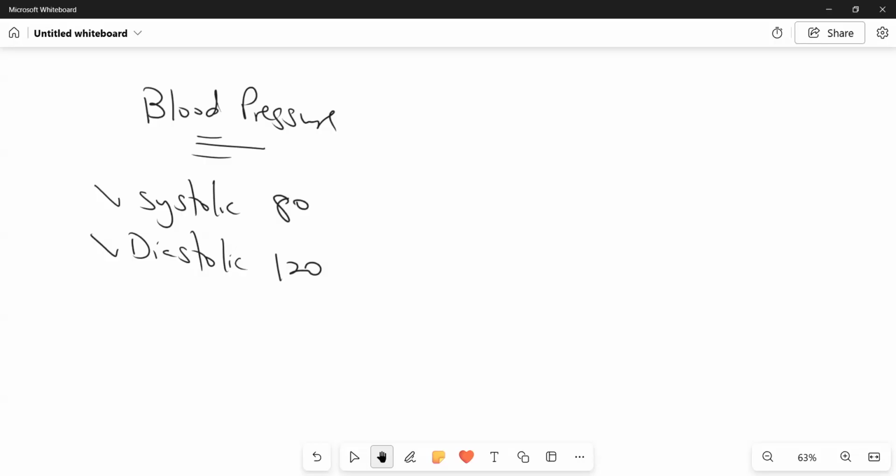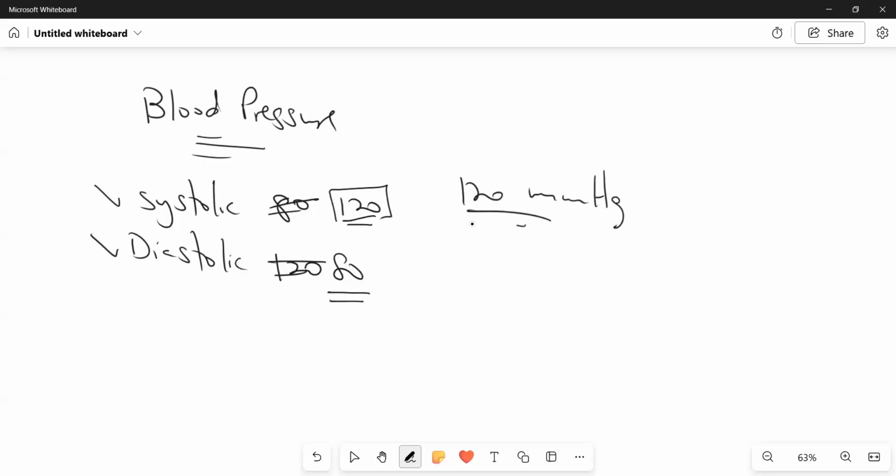You see what's happened, right? The systolic is the 120, and the diastolic is 80. The systolic is 120, what they call millimeters of mercury.